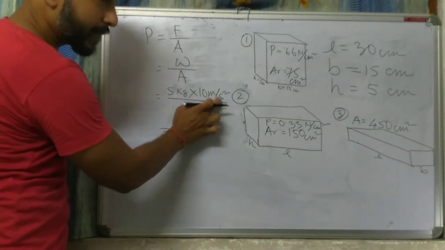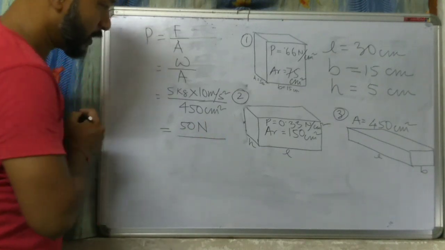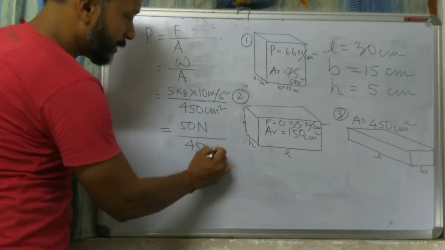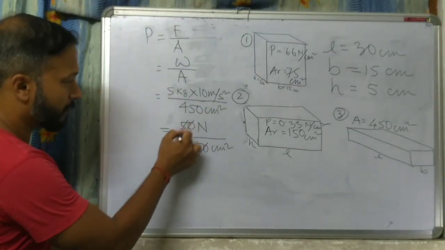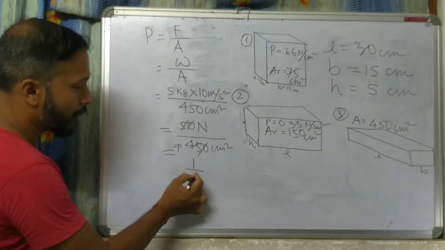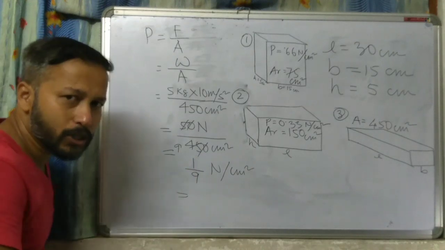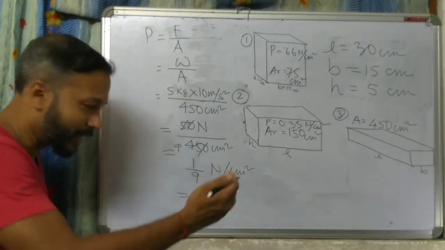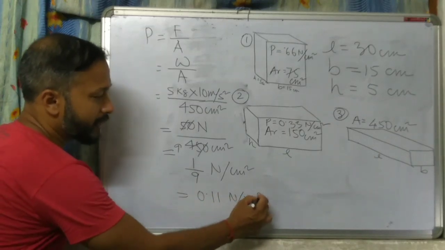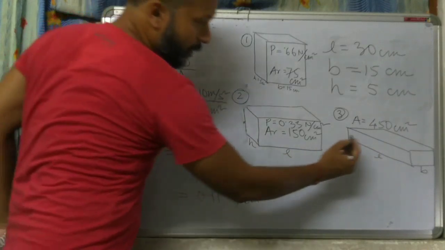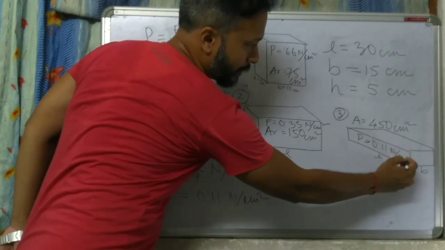This is kg meter per second square, which means Newton, by 450 centimeter square. Got it? 5, 9. So we are getting 1 by 9 Newton per centimeter square. 1 by 9 means 0.11, it will continue. So the pressure here is 0.11 Newton per centimeter square.